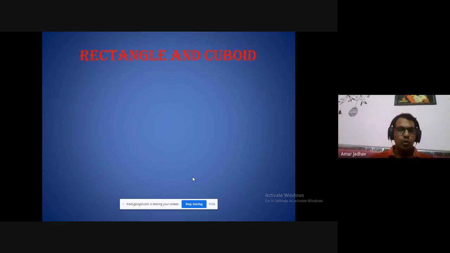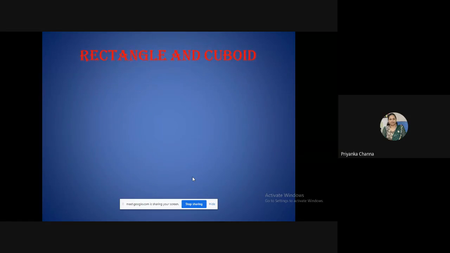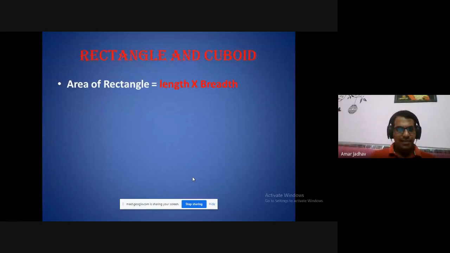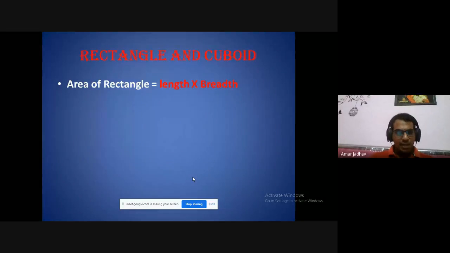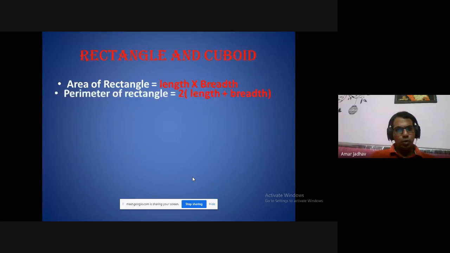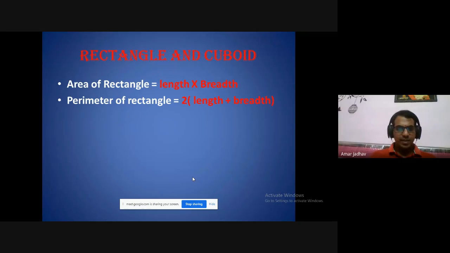You can write it down in the chat box quickly. Length into breadth. A little bit of mathematics, not going to a very high level. If you want to find the perimeter of a rectangle, it is 2 bracket length plus breadth.